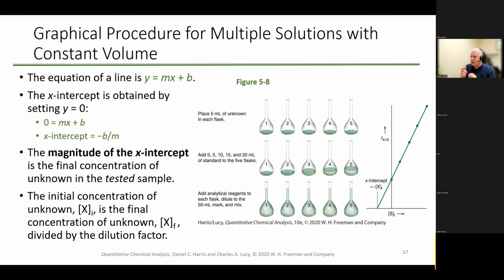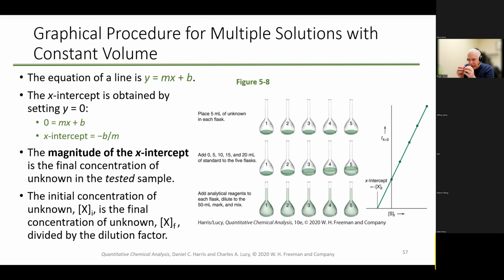In HPLC, you take a little bit of your sample and you inject it into a flowing stream, and then all the components in that mixture begin to separate.